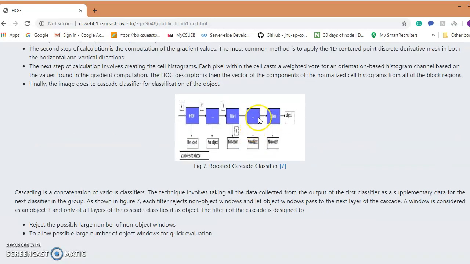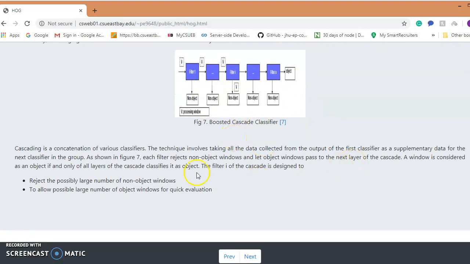The function of these filters is that a window is classified as an object if and only if all layers of the cascade classify it as an object. The filter is designed such that it can reject a large number of non-object windows and allow a large number of object windows for quick evaluation. So basically this classifier rejects the non-object windows and accepts the object windows.